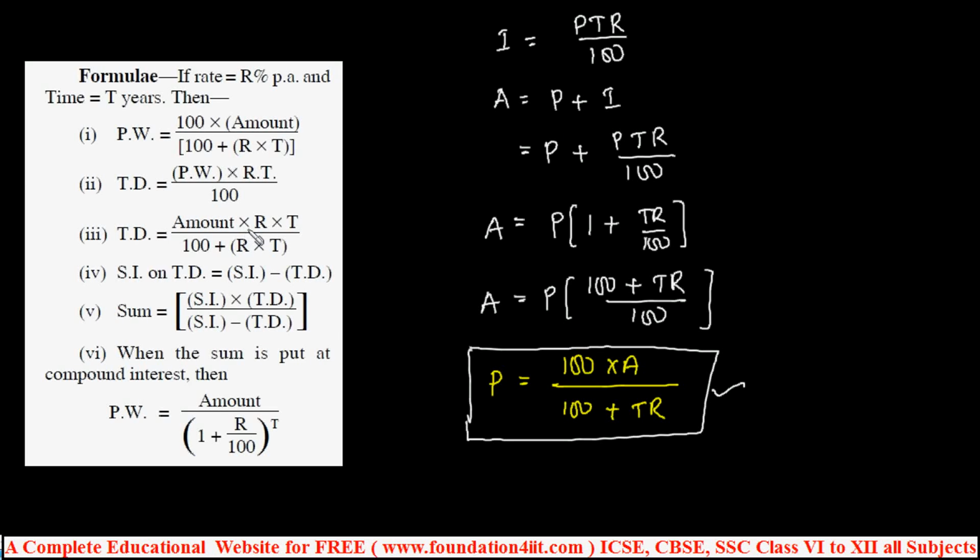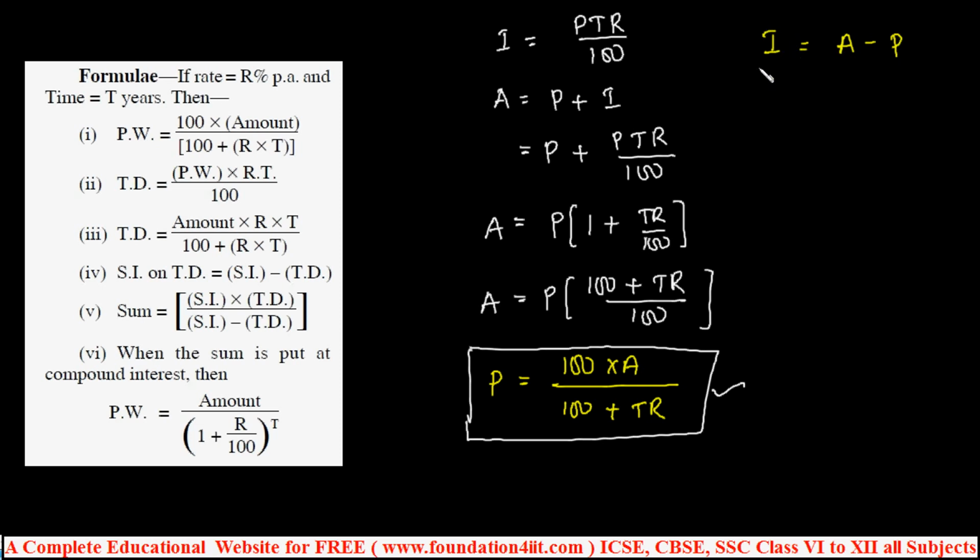Using this, you can get the true discount, which is nothing but the interest. Let us see the second formula. Here I is equal to amount minus principal. In this case, the true discount is amount minus present worth. The principal amount only we are calling the present worth. A is the amount.